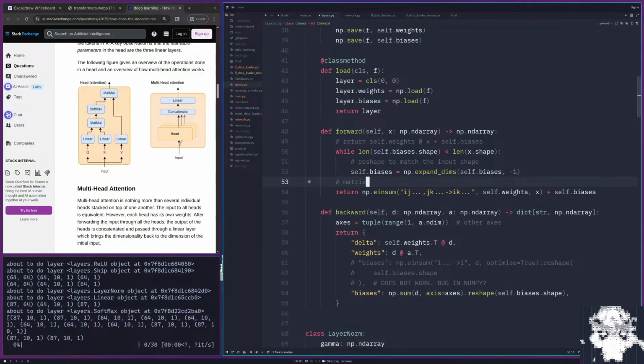This is just matrix multiplication over the first 2 indices.